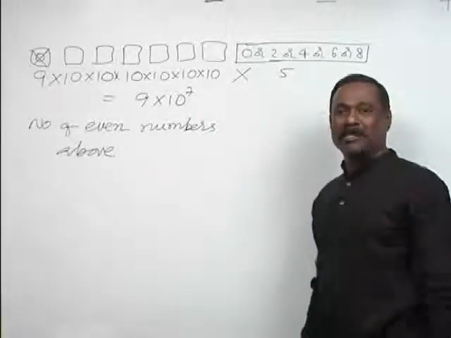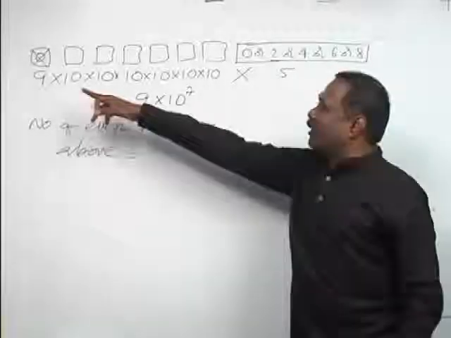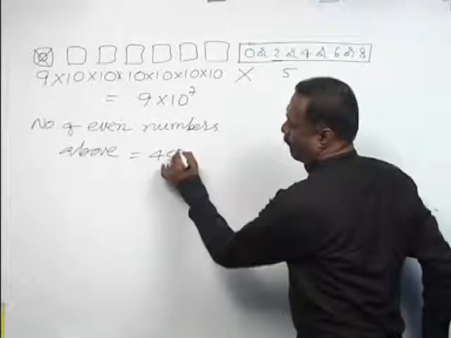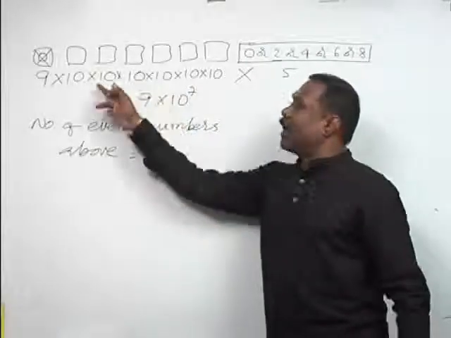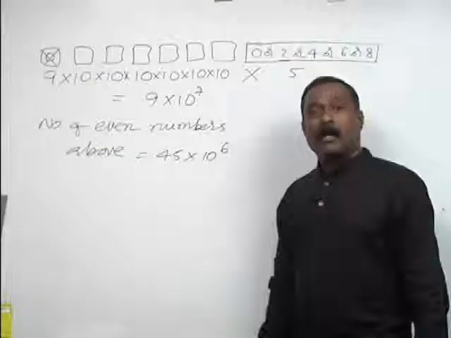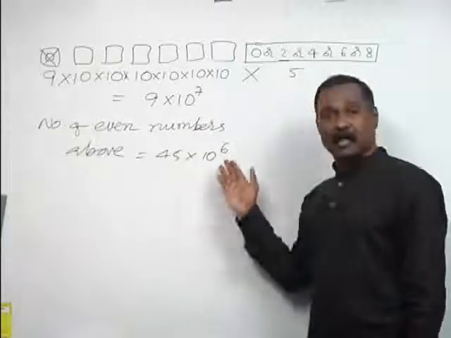The number of even numbers will be 9 into 5, 45. And how many tens are remaining now? 1, 2, 3, 4, 5, 6 tens are remaining. So 45 into 10 power 6. So the number of even numbers in this case is 45 into 10 power 6.